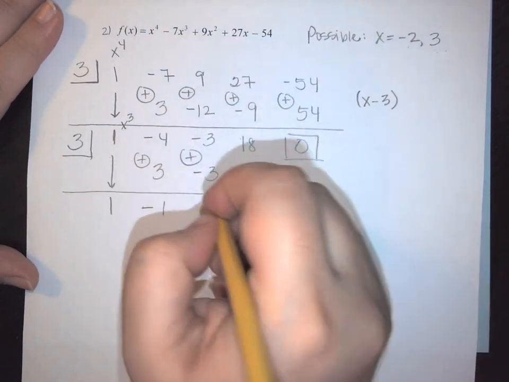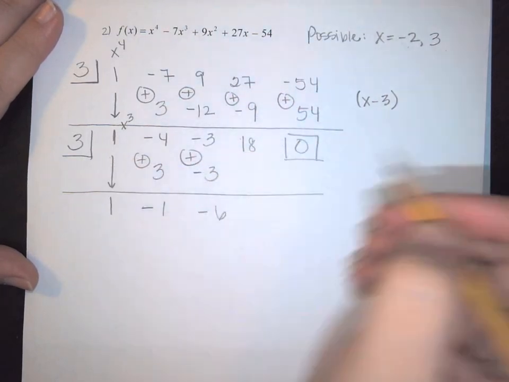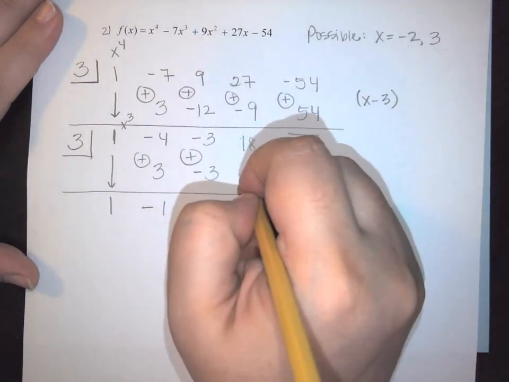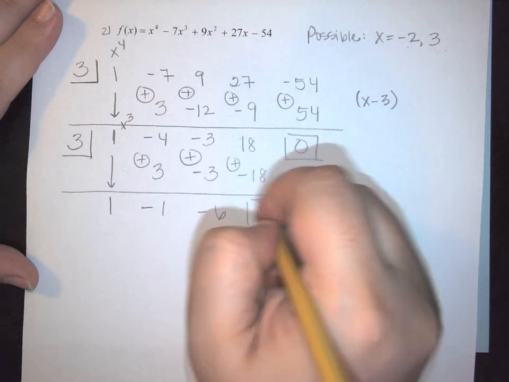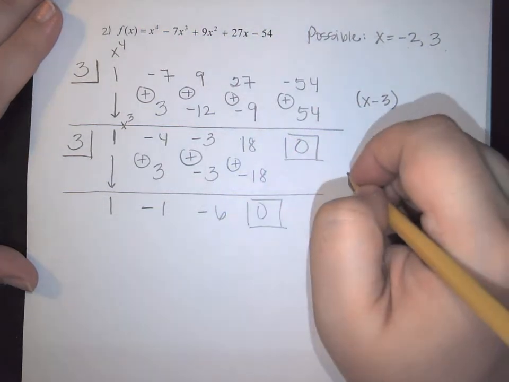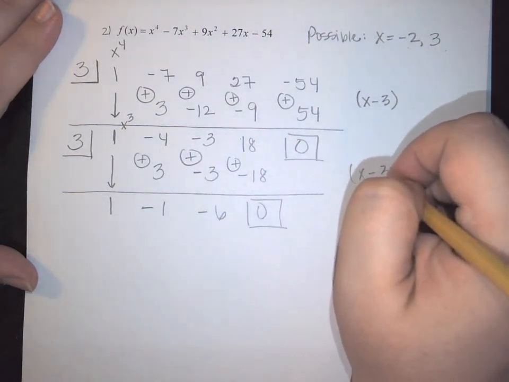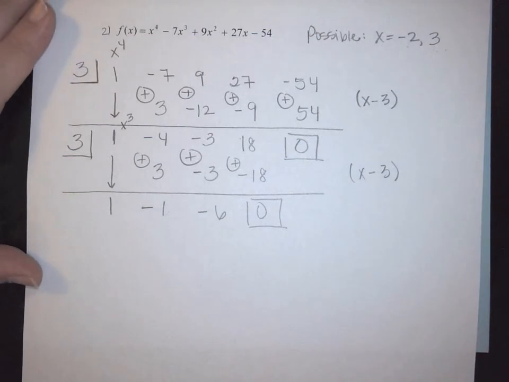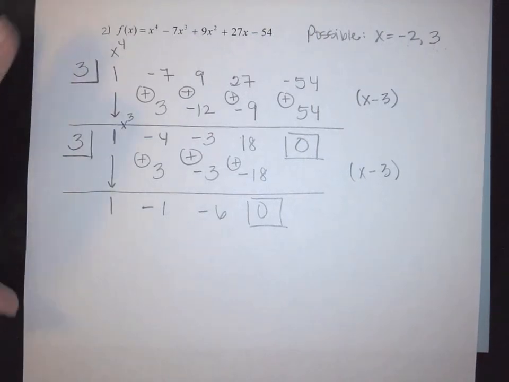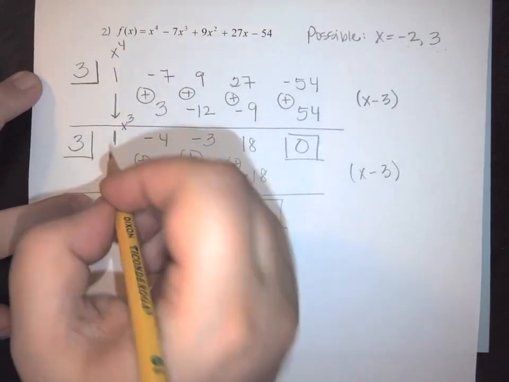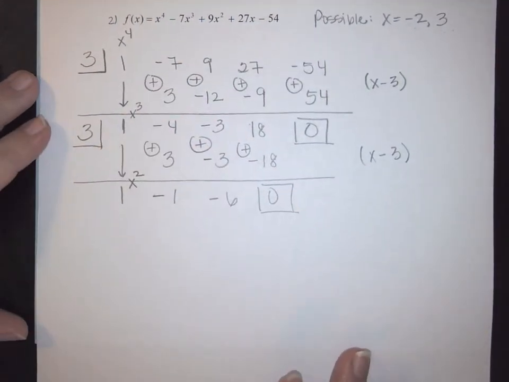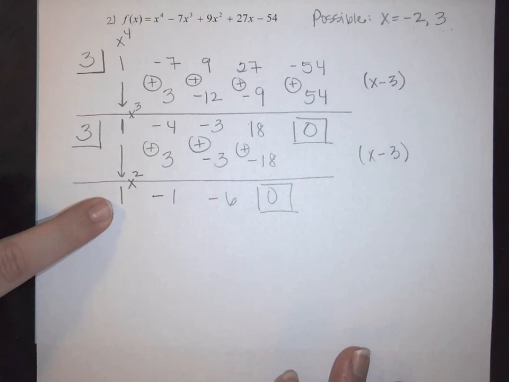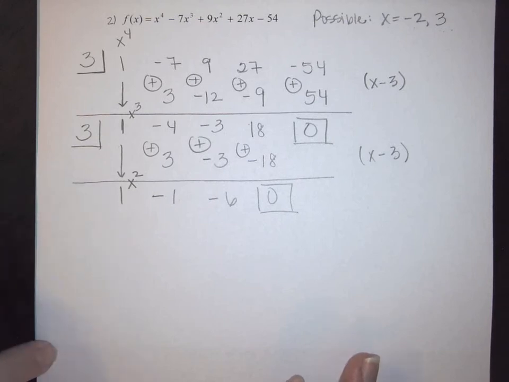Add these together and this gives me a -6. -6 times 3 is a -18. Add these together and I get 0. And look at that. I have another x minus 3 factor. Pretty cool. Now I started with x to the cubed, so this is really x squared. So again, you've got a choice. You can solve your quadratic or you could synthetic one more time.